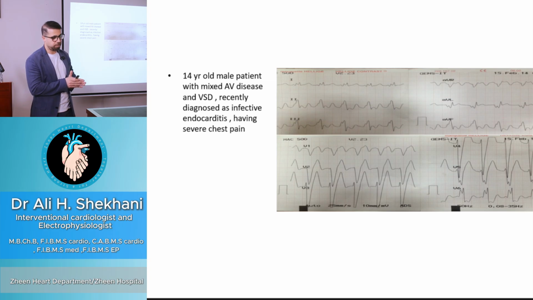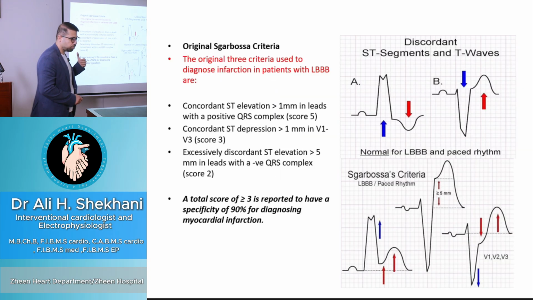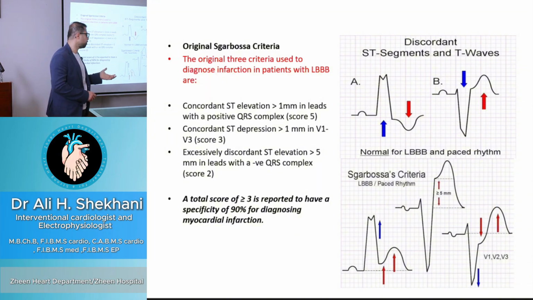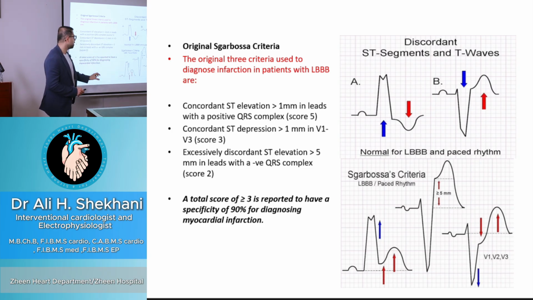But we have criteria we call Sgarbossa criteria. These criteria help us to diagnose acute insult in the setting of left bundle branch block. If you have a concordant lead, I mean positive leads with ST segment elevation more than 1 millimeter, it is significant. And if you have ST depression in V1, V2, V3, it is also important.